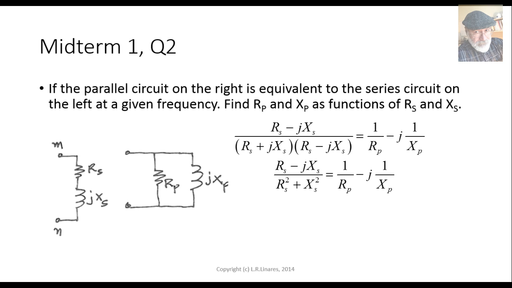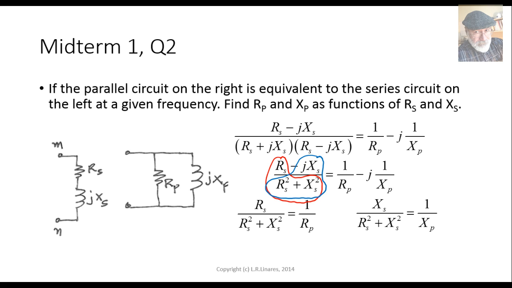That converts the denominator to a real number, and then we find the real part and the imaginary part of the left-hand side, and we equate them. The real part has to be equal to 1 over Rp. The imaginary part has to be equal to 1 over Xp.